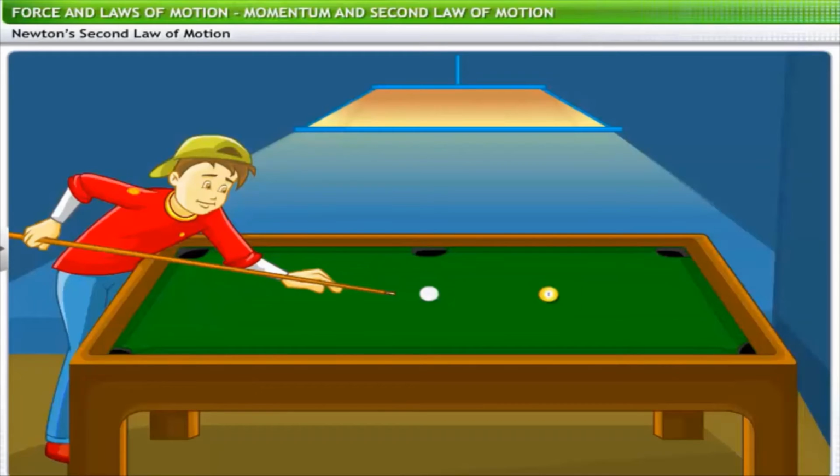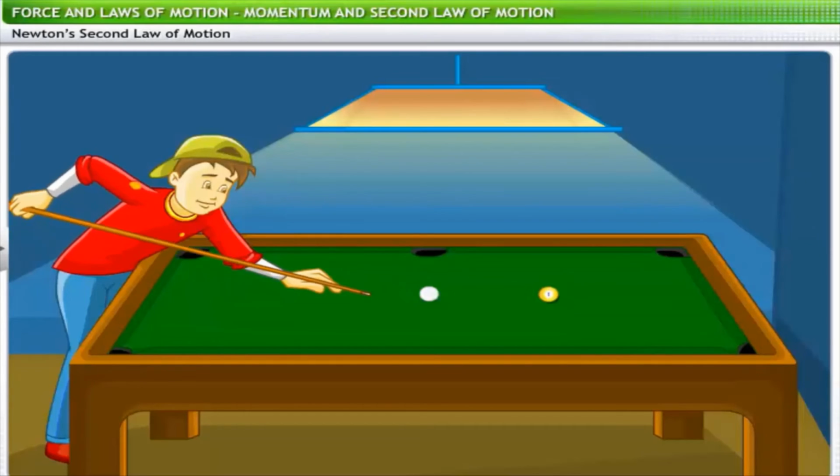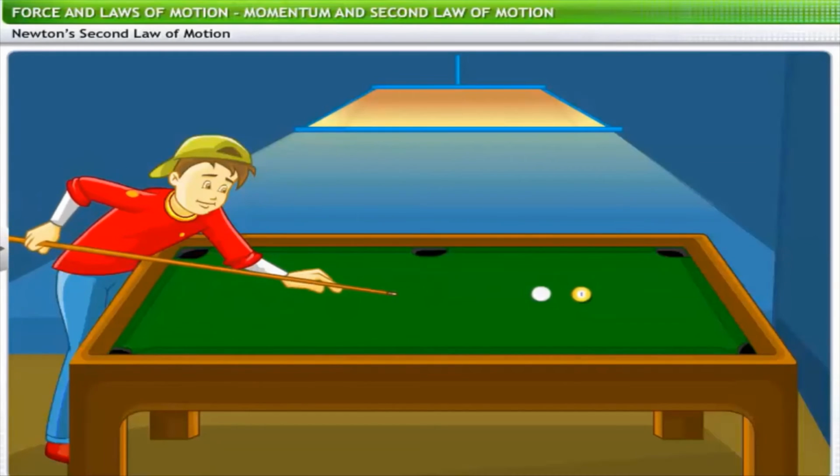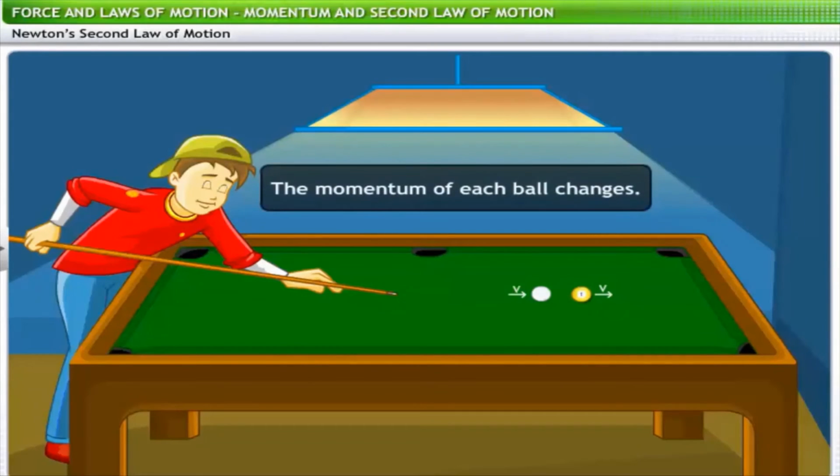The yellow ball is at rest right now. However, when the cue ball hits the yellow ball, it is set into motion. After being hit, the cue ball moves with less velocity, while the yellow ball moves with more velocity. Thus, there is a change in velocity of both the balls, that is, a change in their momentum.